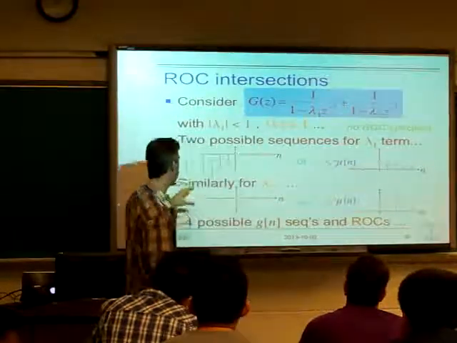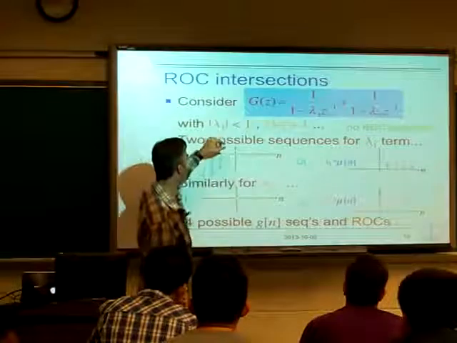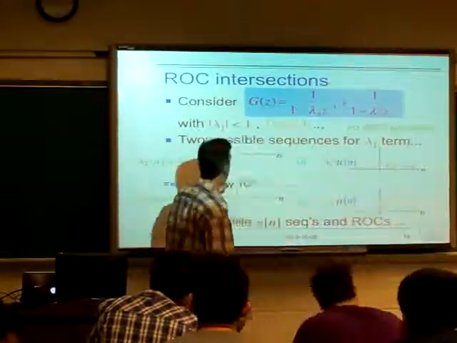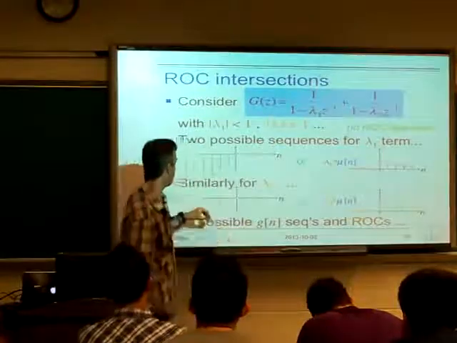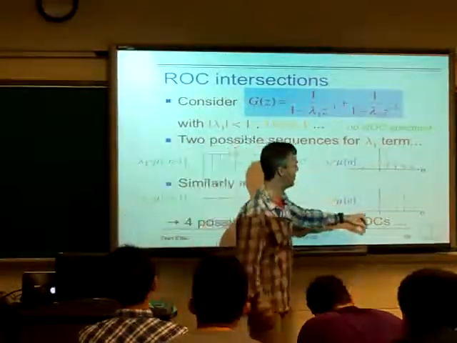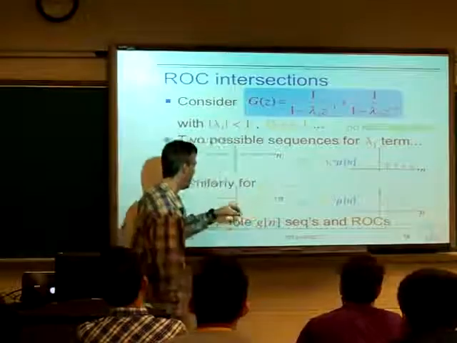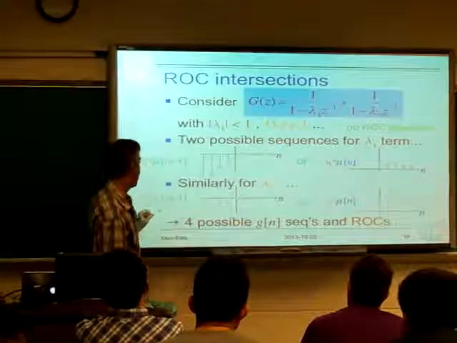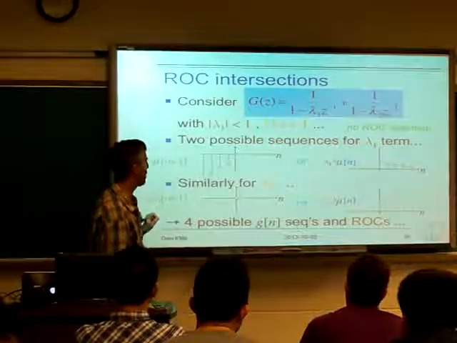And the same for lambda 2. Because lambda 1 is smaller than 1, the right-sided sequence is convergent and the left-sided is divergent. Lambda 2 is larger than 1, so the right-sided sequence is diverging, and the left-sided sequence, raising lambda 2 to successively negative powers, would be converging and nice and well behaved like that.